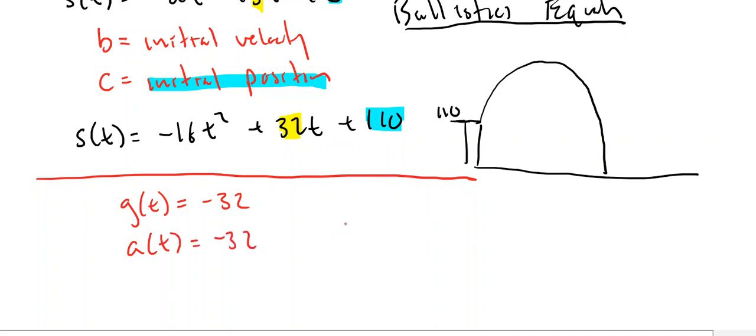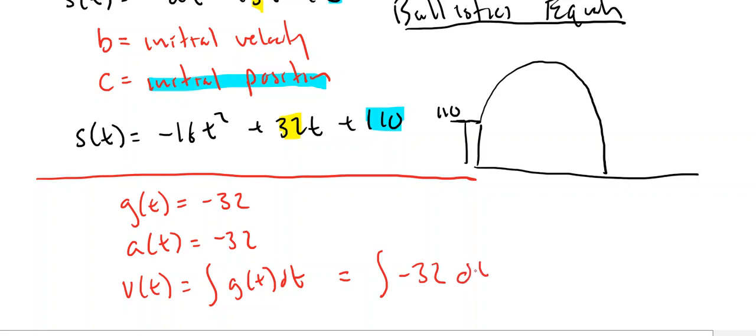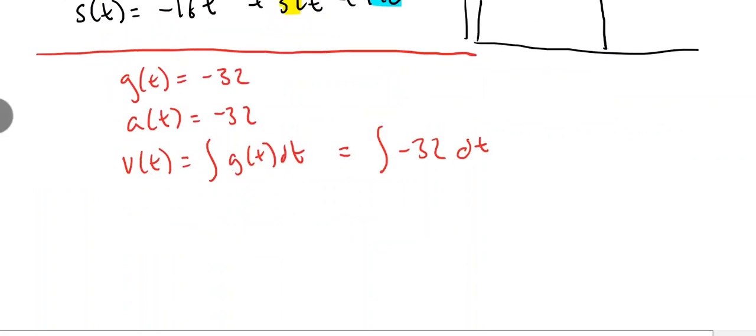So if we know a of t, how do we find v of t? Well, v of t is going to be the integral of g of t with respect to time. So that means it's going to be the integral of negative 32 dt. And so the velocity is going to be equal to negative 32t plus c.